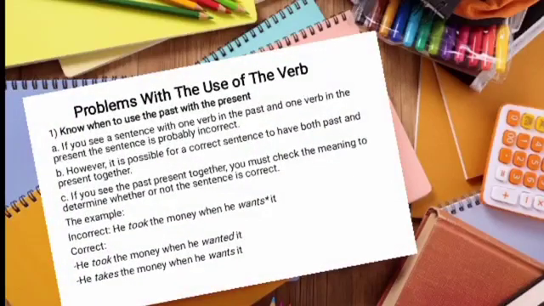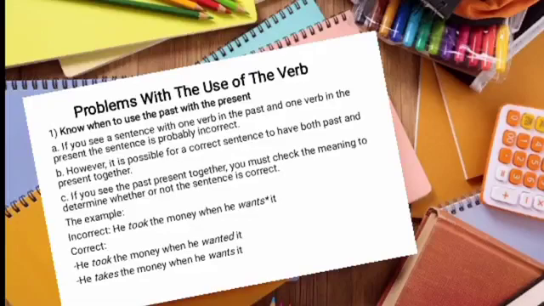Here I want to explain about problems with the use of the verb. As far as I know, there are two main problems that I found on the TOEFL test. Well, the first is you should know when to use the past with the present.